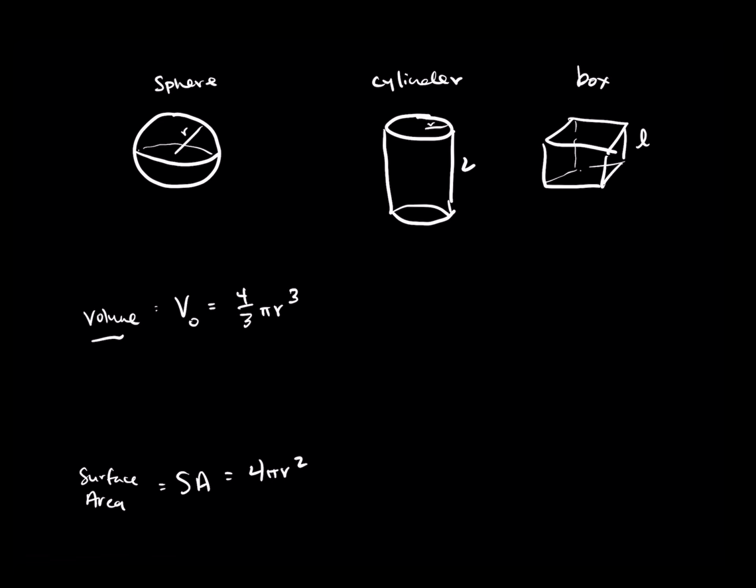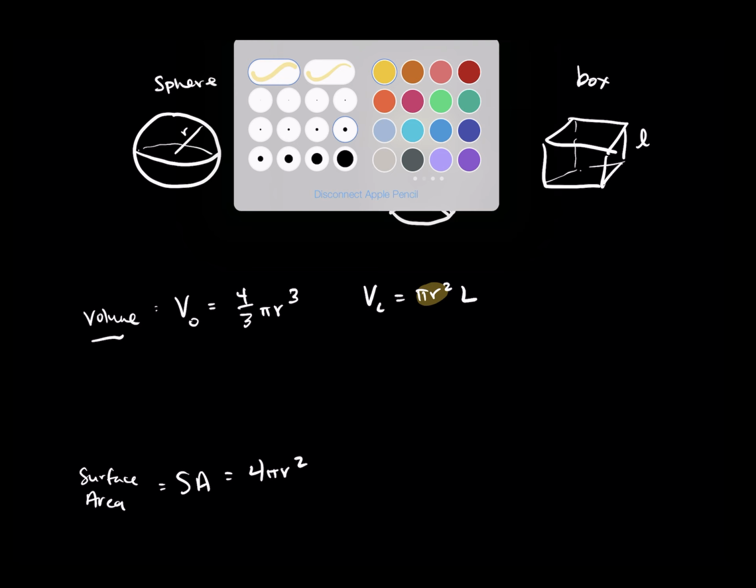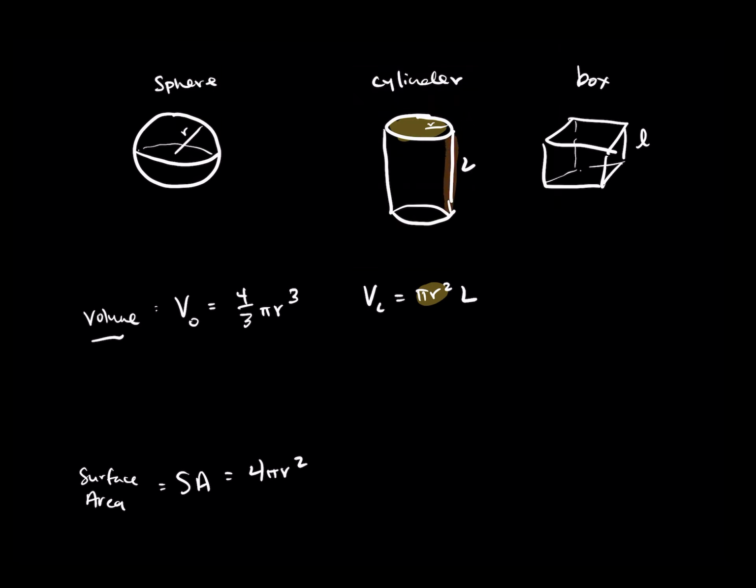For the cylinder, the volume of the cylinder is going to be pi r squared times L, meaning you're going to get pi r squared, that's that, right, times your height, which is basically just base times height, so times L. Okay, it gets a little bit more complicated when you do the surface area of the cylinder.